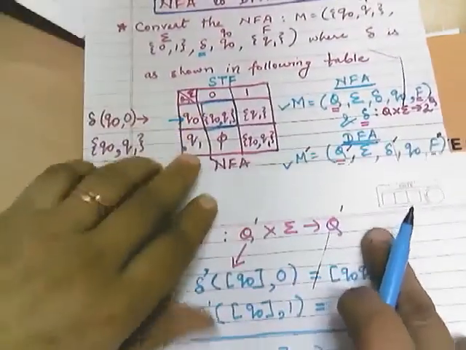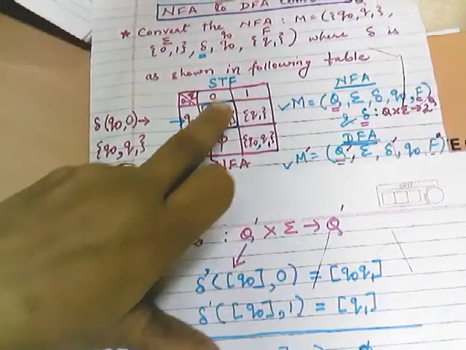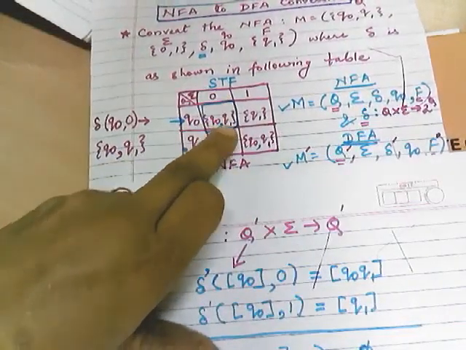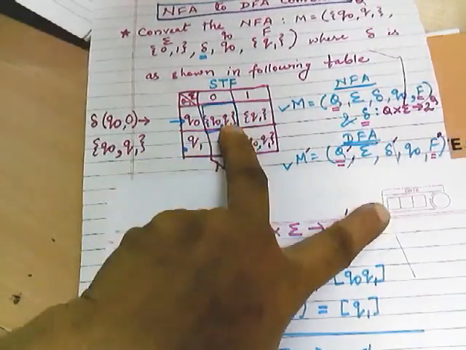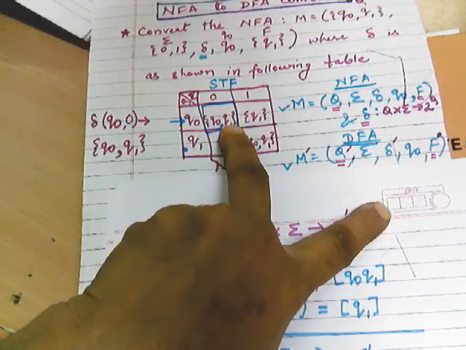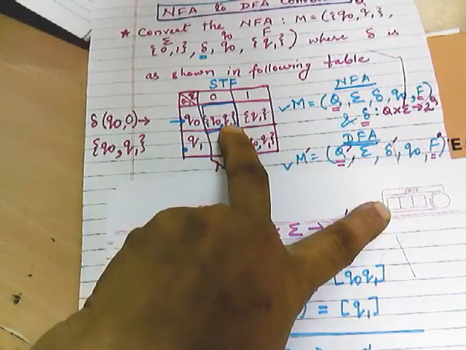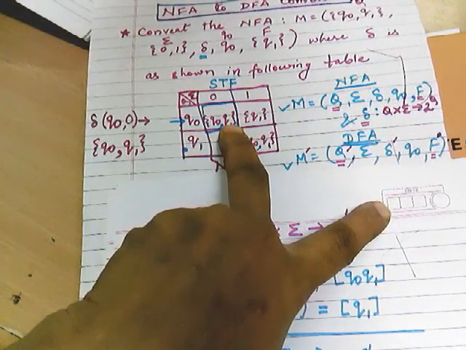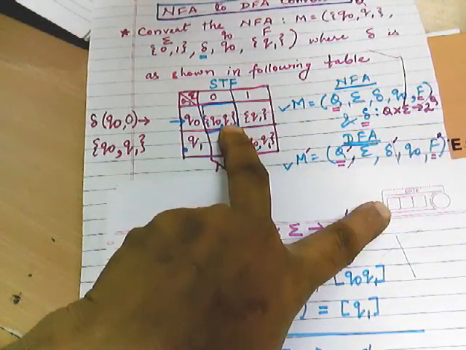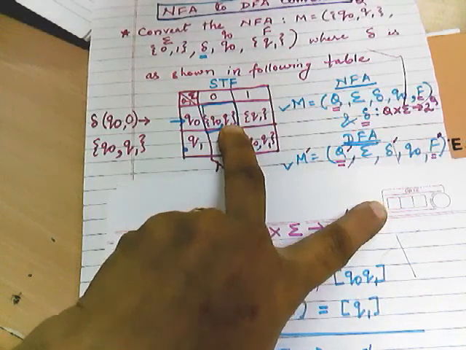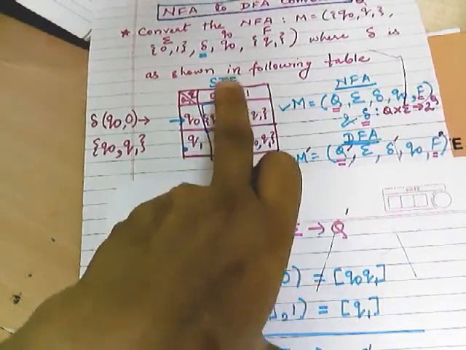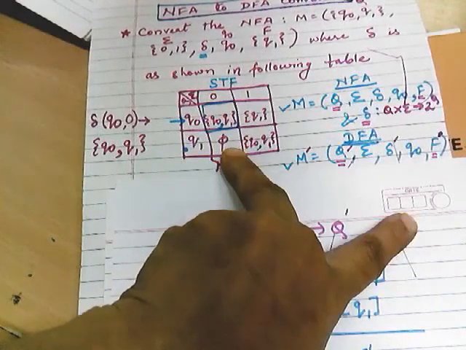Now see here, what is our value for q0 0? It is q0 q1, so I need to write q0 comma q1, union, now q1 0 is giving me 5.